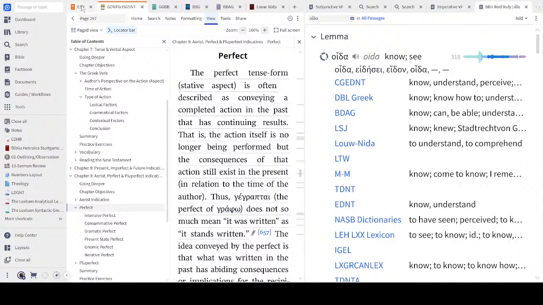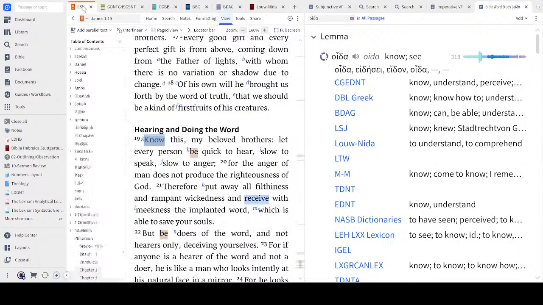So when we come back to our word here, and this is very uncommon, as we saw, there were only about five occurrences of the imperative in the perfect. So it says know this.